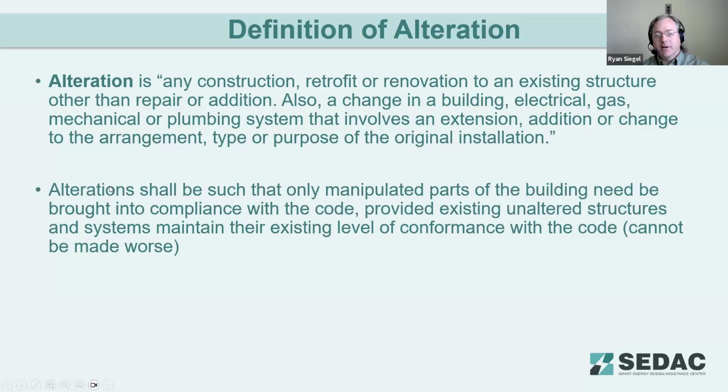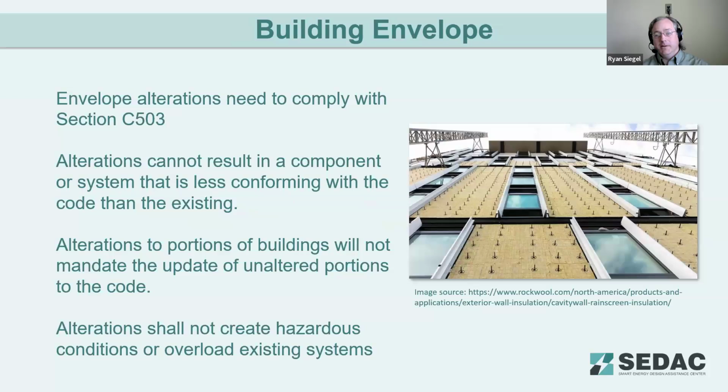It also calls out that alterations shall be such that only the altered portions need to be brought into compliance with the code, provided the existing unaltered structures don't diminish their level of performance. So you can't make it any worse than where it was before you started.